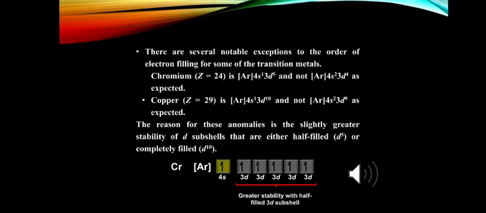That's why one of the electrons from the s orbital jumps to the d orbital so as to complete the configuration, half-filled or fully filled. So the basic reason is stability. Half-filled and fully filled d orbitals are more stable as compared to the other ones.